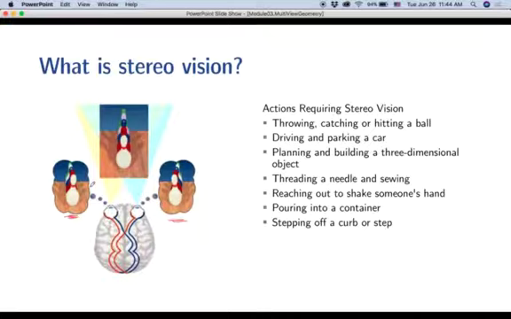Driving and parking a car, planning and building a three-dimensional object, threading a needle and sewing. Because a needle is a thin object, think of it as very, very thin. So it doesn't display any texture. It doesn't display any size cues and so on. It's kind of like an infinitesimally thin object.